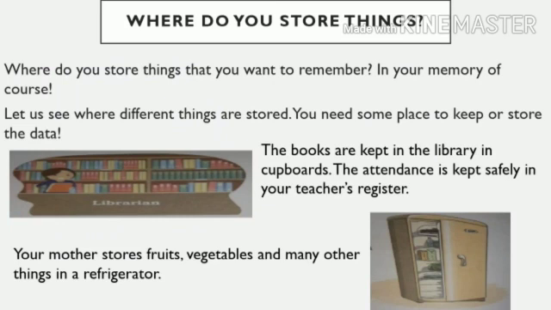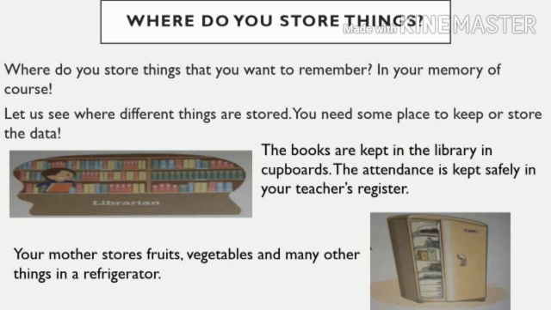So now the question arises that where do you store things that you want to remember? In your memory, of course. Let us discuss where different things are stored. You need some place to keep or store the data. Simply the books are kept in the library in cupboards. The attendance is kept safely in your teacher's register.